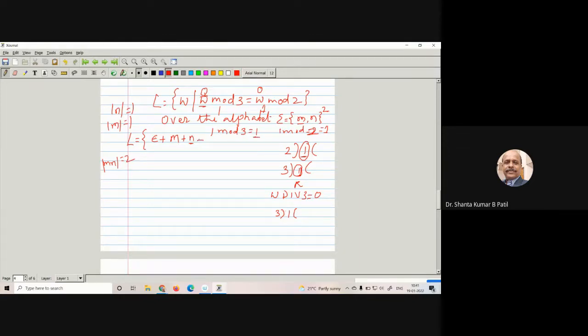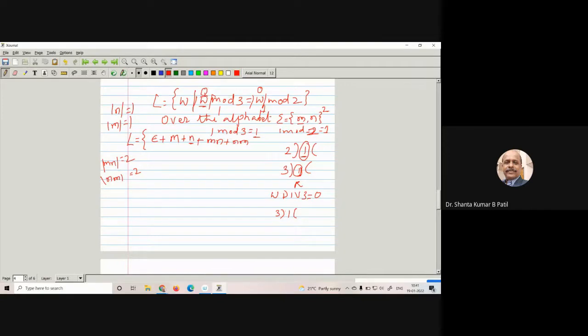How about 2? If W is 2, for example, you can take Mn or Nm. Mn or Nm, its magnitude is equal to 2. Substitute here W as 2, W as Mn. So what happens?